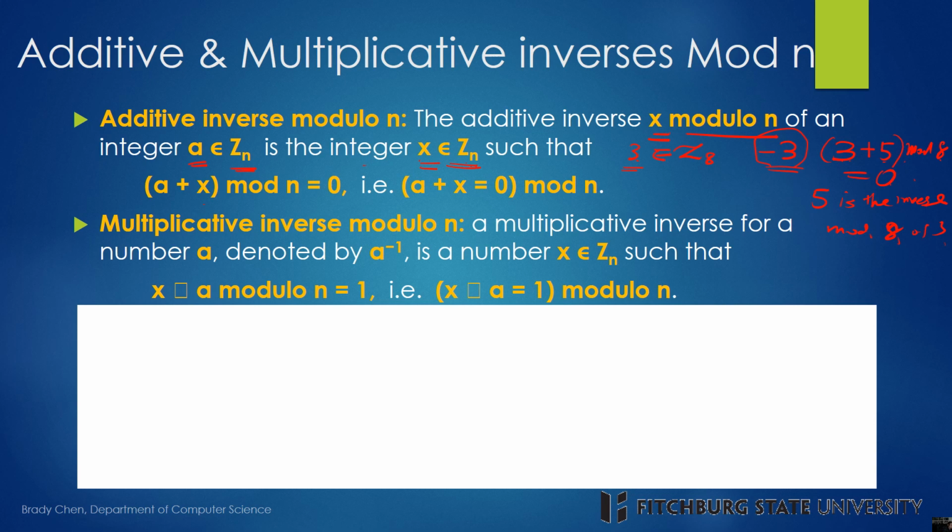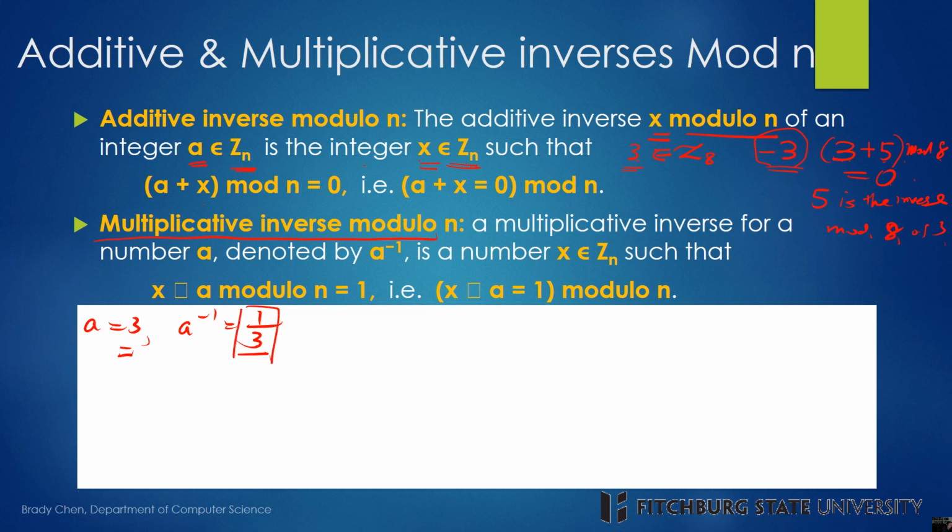Now, the multiplicative inverse modulo n is even more complicated than the multiplicative inverse in the regular sense. Remember, when a equals 3, the multiplicative inverse is the reciprocal of a, so a inverse is 1/3. This is definitely not going to work, because if a is an integer, a inverse is not even an integer. It's a fractional number.